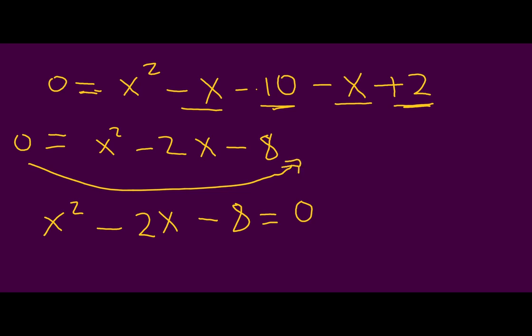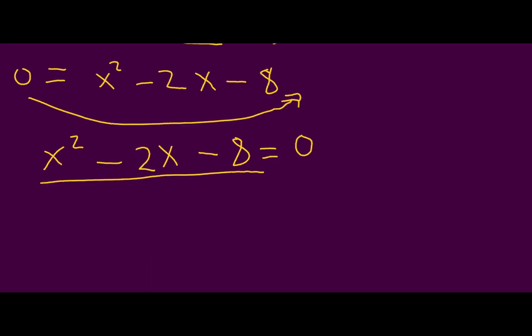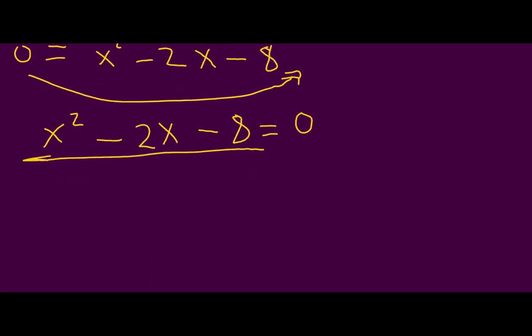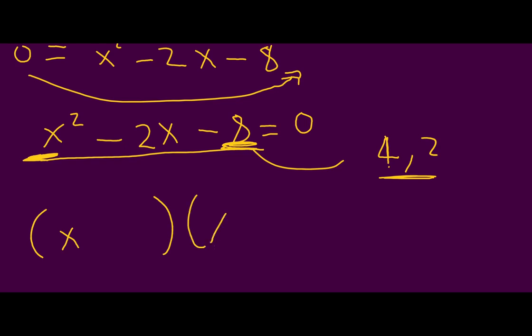So now I'm going to factorize these terms, and to do that, since we have a coefficient of 1, we can find the factors of 8, which are 4 and 2. Then we're going to use these factors to factorize, that is, write x and x equals 0.